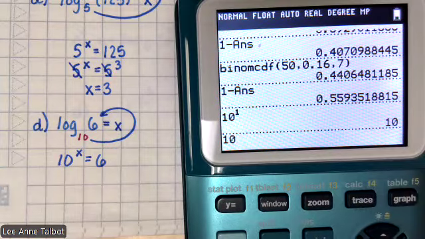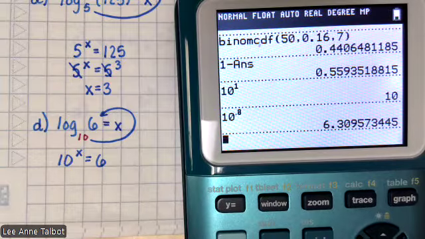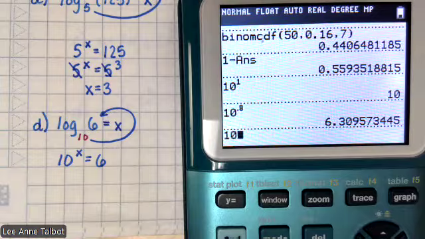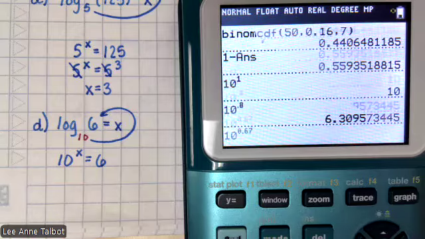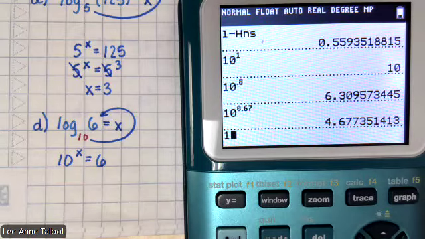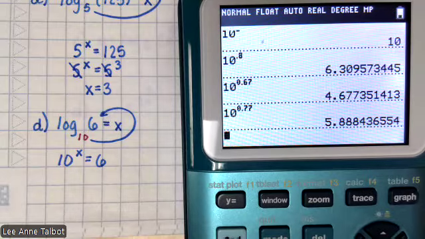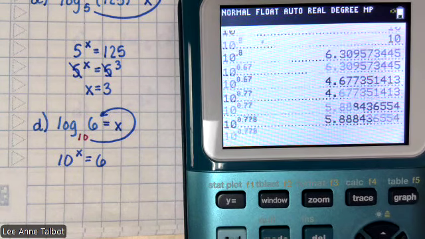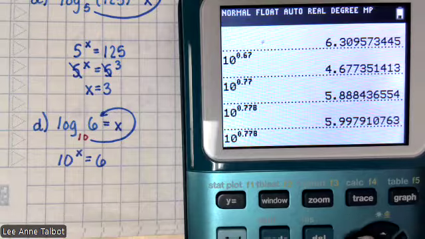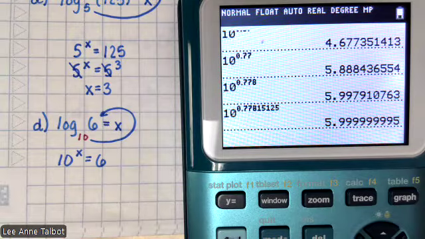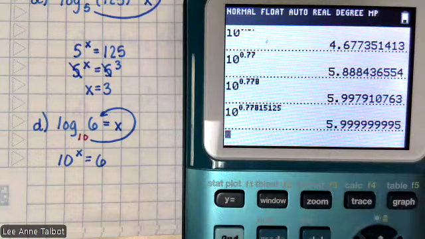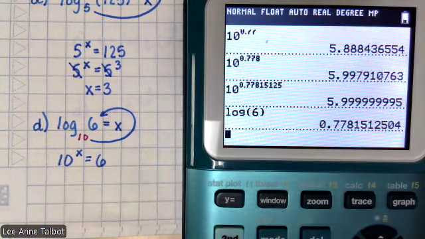Closer. Wait, we should try 6, 7 first. Too low. Not quite there. Oh, 3.5. Nice. Okay, which you could also get by just doing log 6 on the calculator.